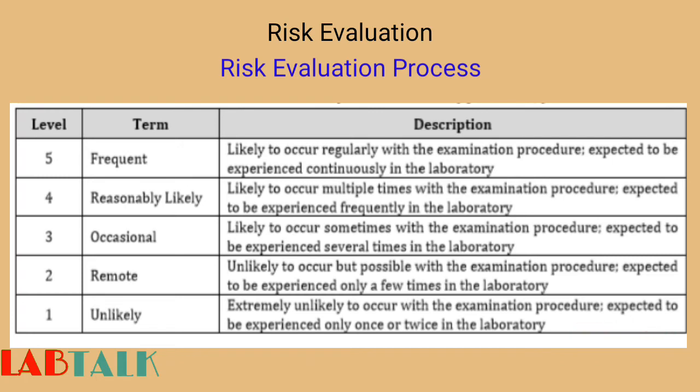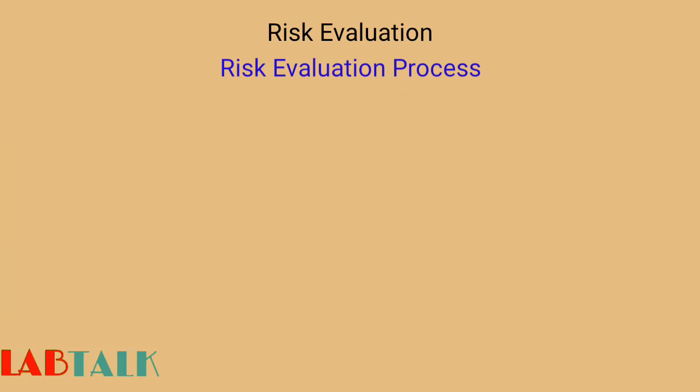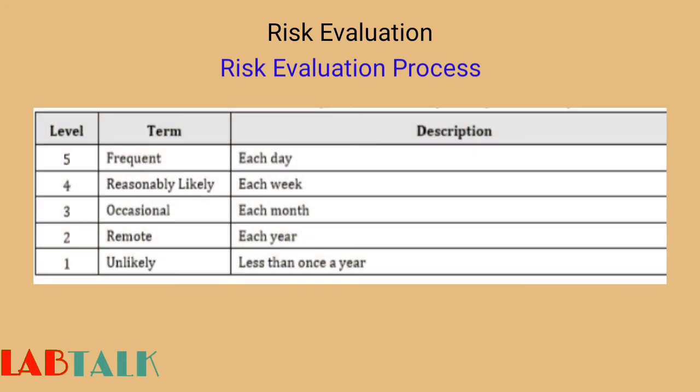Now the probability of harm can also be measured on semi-quantitative scales, where level 5 implies frequent, and it can occur every day. Level 4 is reasonably likely, which can occur every week. Level 3 is occasional probability, which implies it can occur every month.